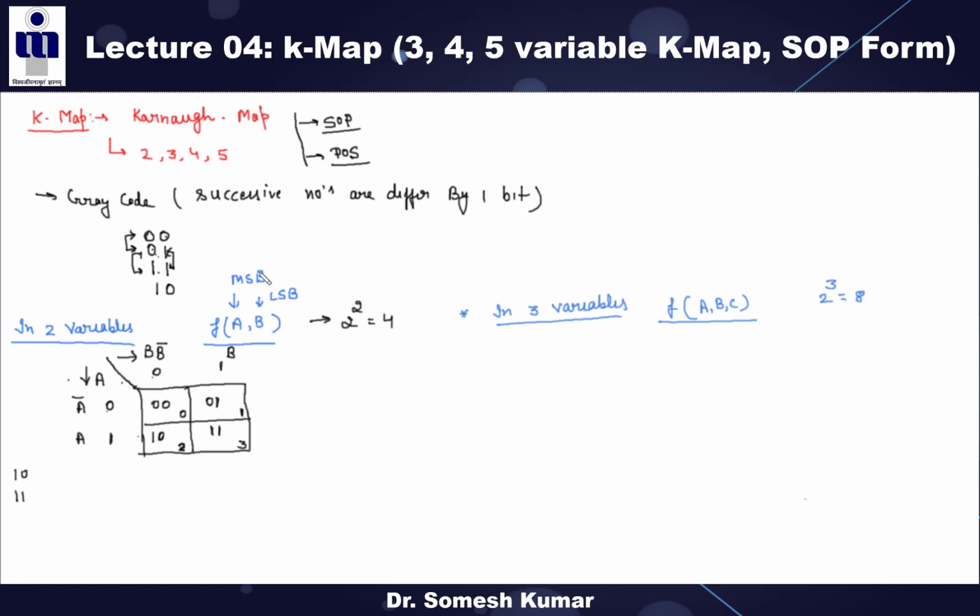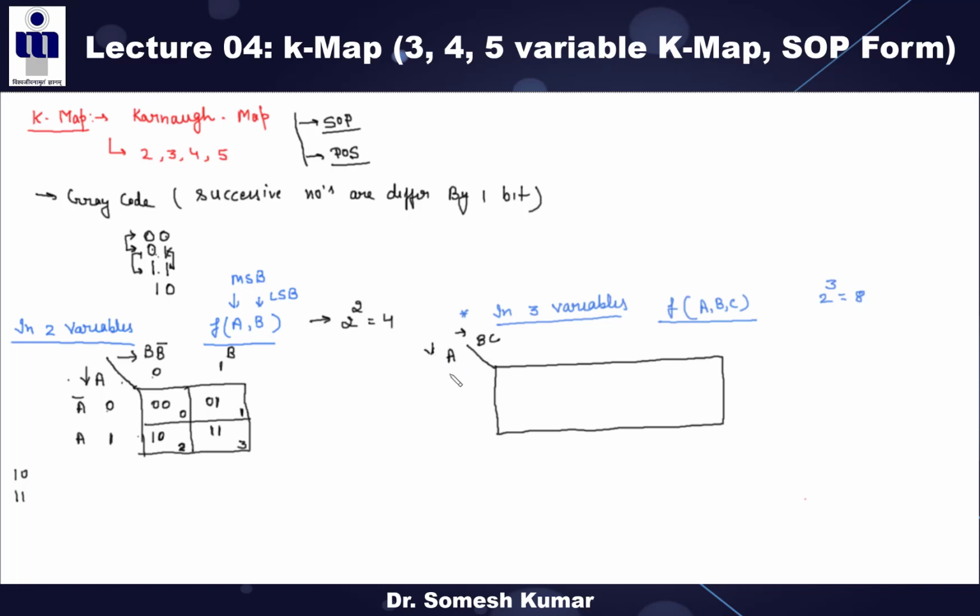So now first we will draw the 8 cell K-map. This side I am representing A, and this side BC, right? You can make the reverse. This side you can also represent AB and C this side. If this side is B and C, it means two variables and this side only one variable.